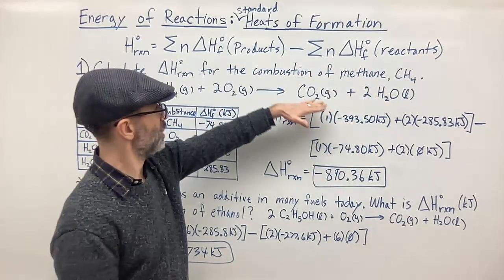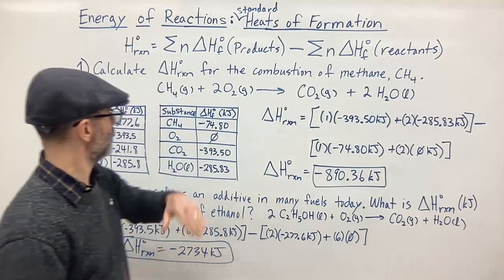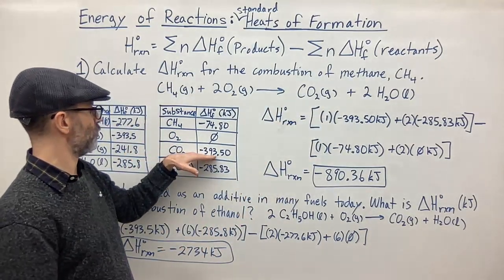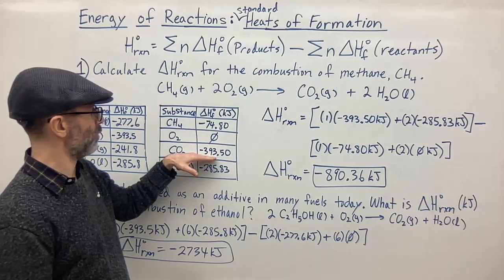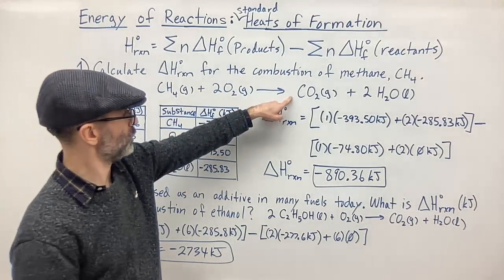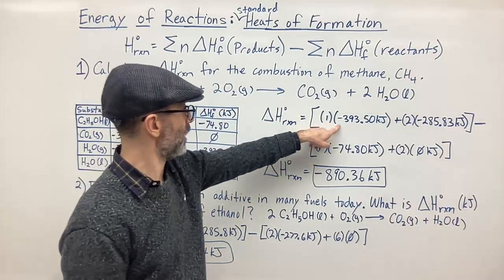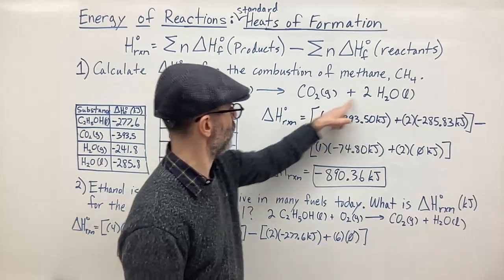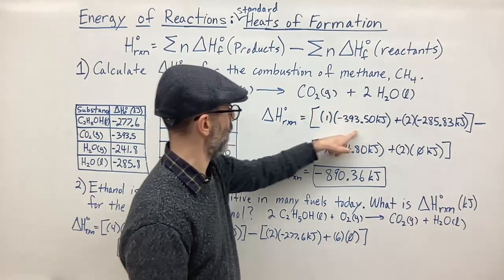So first the products. So we have CO2, carbon dioxide. So carbon dioxide has a standard heat of formation of negative 393.50 kilojoules. And so I have a coefficient of 1, so it's going to be 1 times negative 393.50 kilojoules. So this comes from the carbon dioxide.